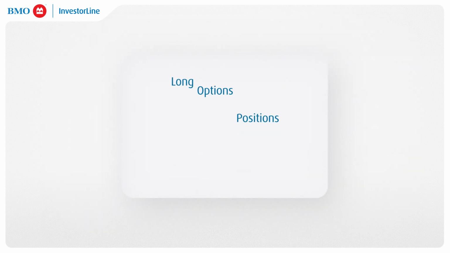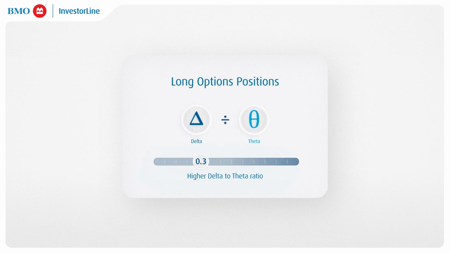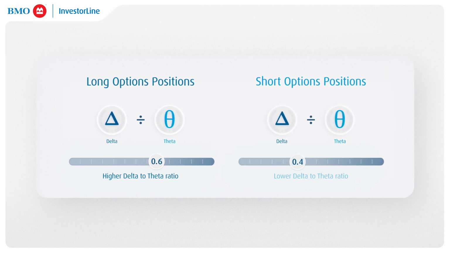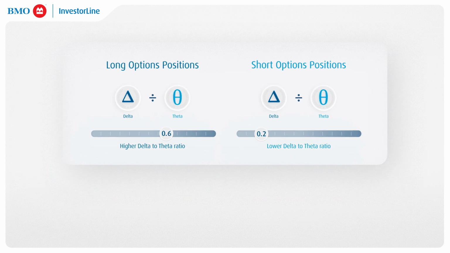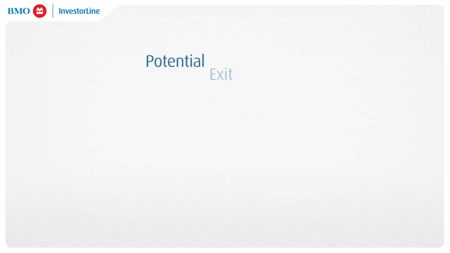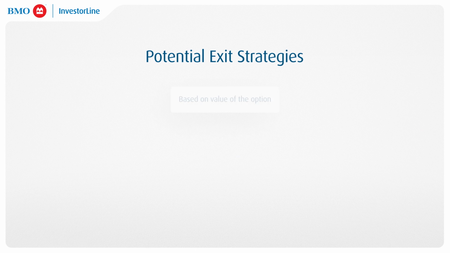As a rule of thumb, long options positions should target a higher delta to theta ratio, increasing your exposure to the underlying, while minimizing time decay. On the flip side, short options positions should target a lower delta to theta ratio to maximize time decay while minimizing the exposure to the underlying. As these ratios change with changes in the market, they can be used as triggers to close or roll an existing position.